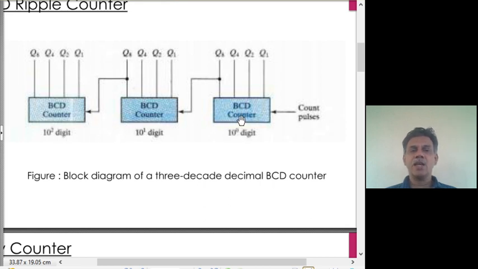That is, this 9 has to go to 0, this 0 has to go to 1. Again from 1, 9, you go to 2, 0. Again when this goes to 0, you have to increment this 1 to 2. Then we will have 2, 0, 2, 1, 2, 2, and after 2, 9, this has to be increased to 3 while this goes back to 0.